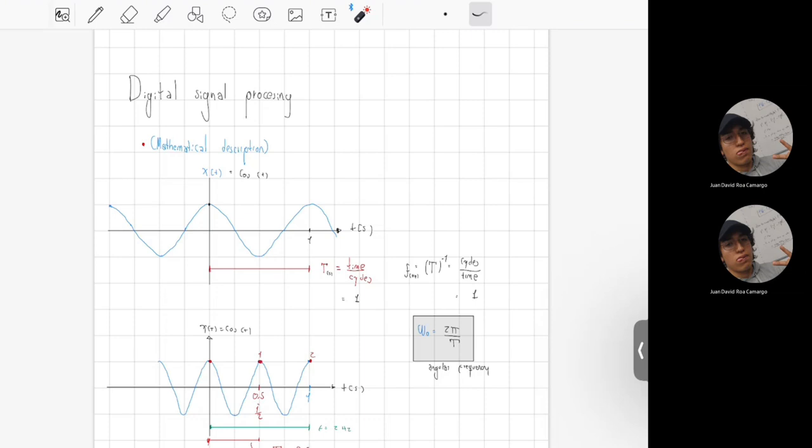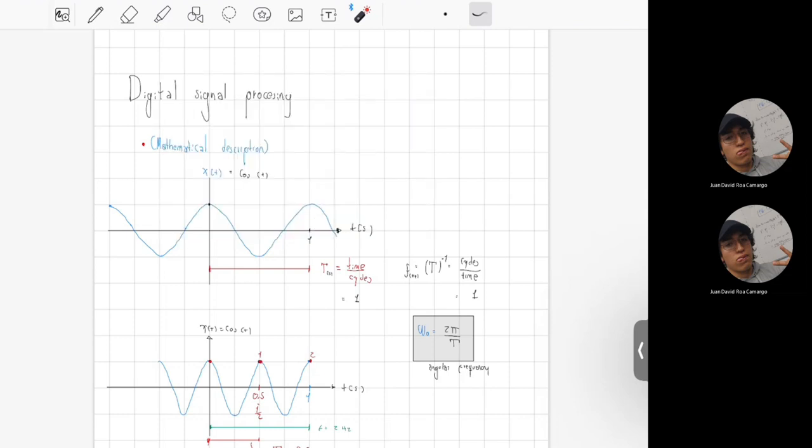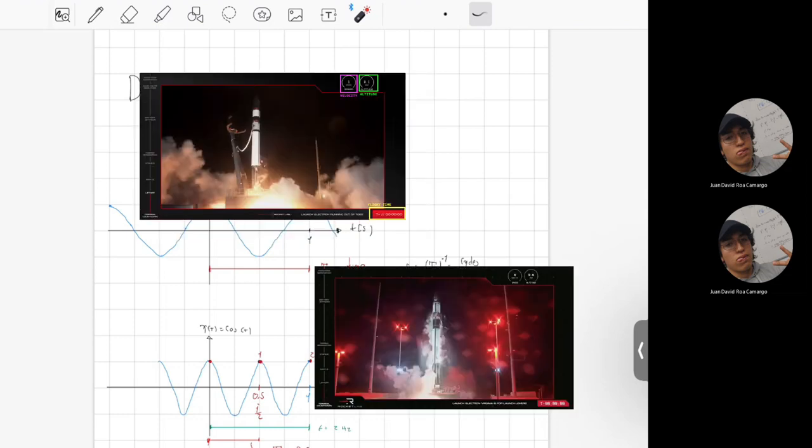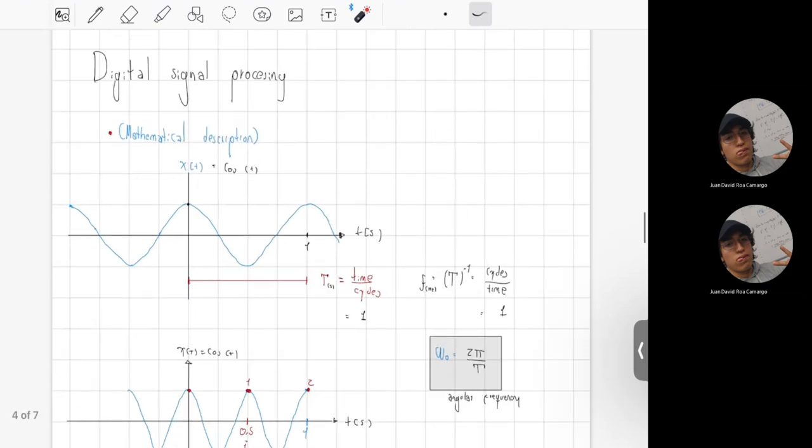This is widely used in physics, even aerospace engineering, and in pretty much all the aspects of human life that require transcription of the real world to a digital world. So, after this, let's start.